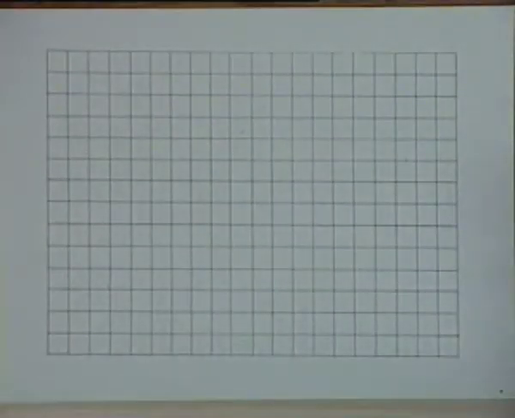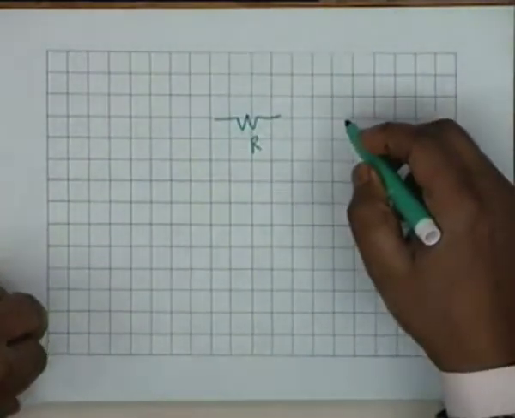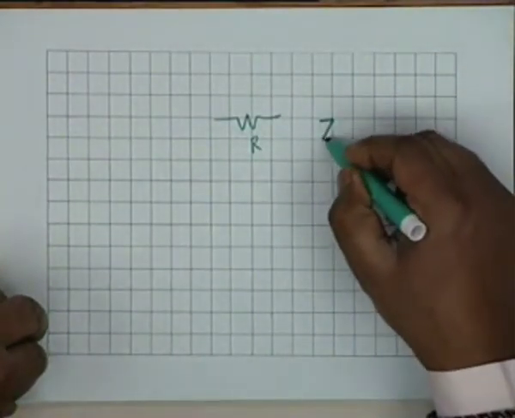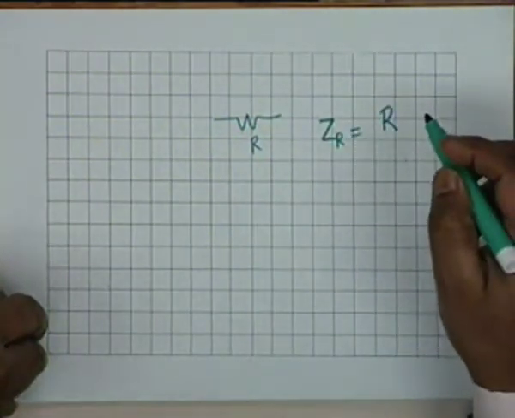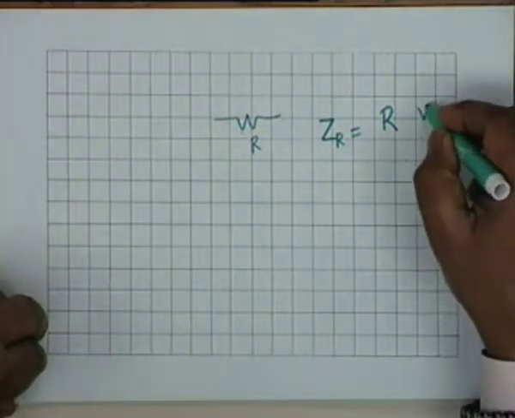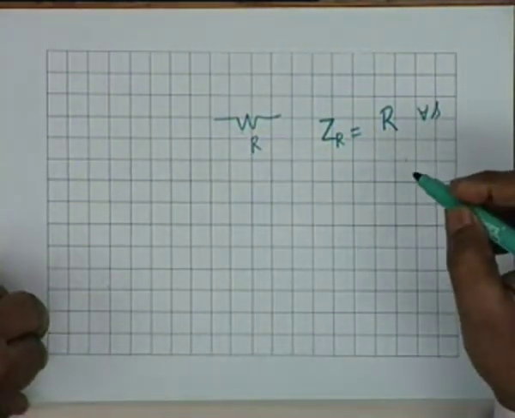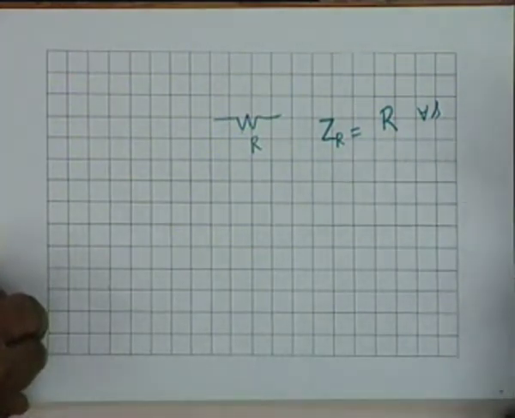For example, if there is a resistance R, then the impedance of the resistance is simply equal to R, irrespective of the value of s. Whether it is e to the st where s is 0 or complex or real, it doesn't matter.